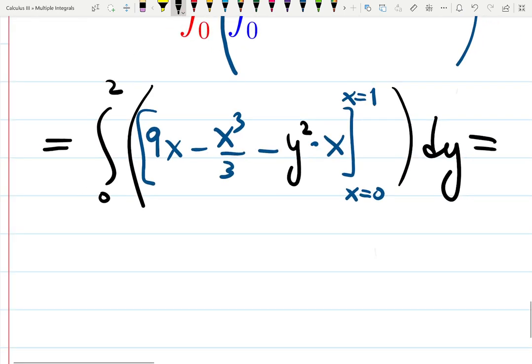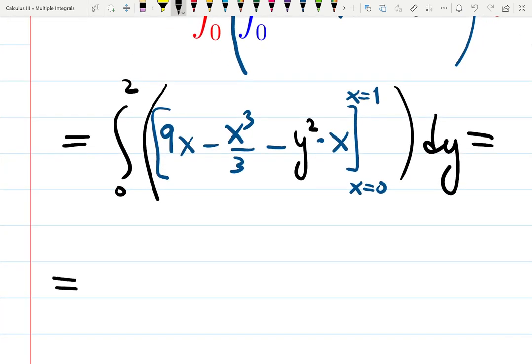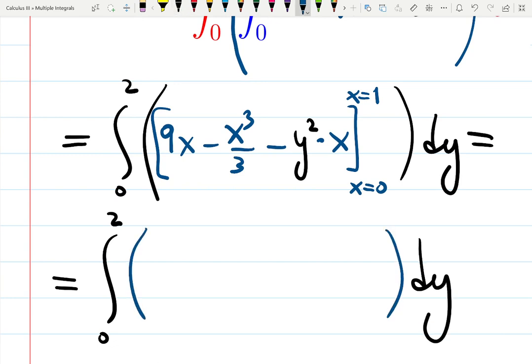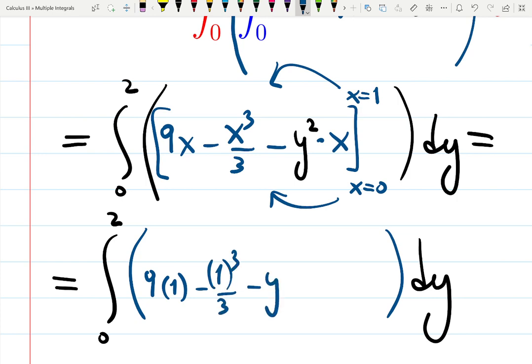Equals. We did not finish calculating this integral, so the outside integral keeps waiting. Open the parentheses. Plug in 1. Remember how we do it. Plug the top minus plug the bottom. x into x. So 9 times 1 minus 1 cubed over 3 minus y squared times 1, minus 0, and 0 gives you 0.